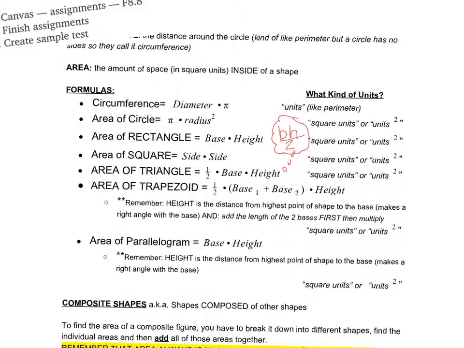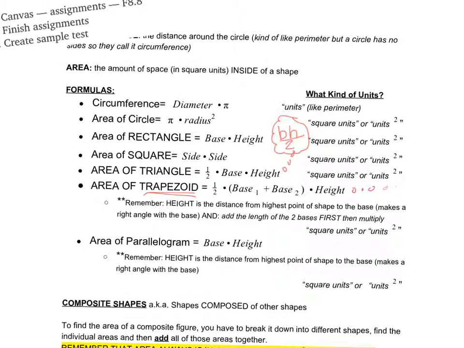The area of a trapezoid is base 1 plus base 2 times the height divided by 2, or 1/2 of the sum of the bases times the height, where you need to make sure you're adding the bases first and then either taking half of that quantity or multiplying it by the height and taking half.